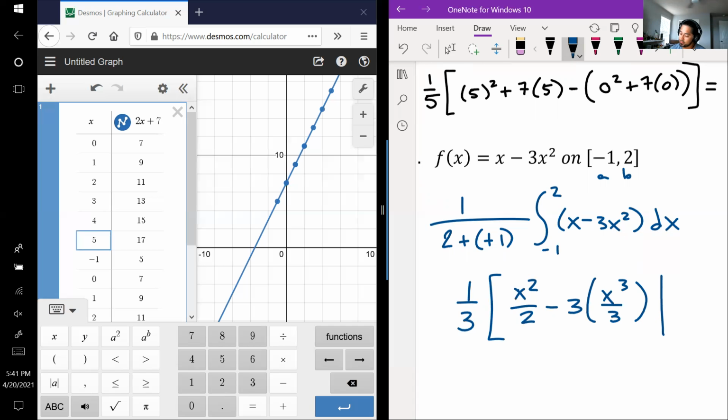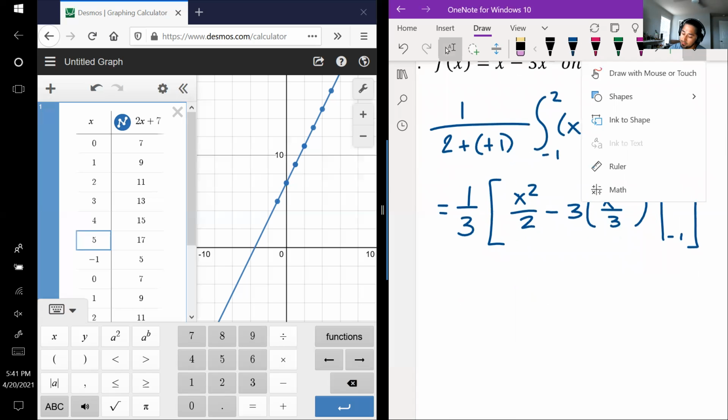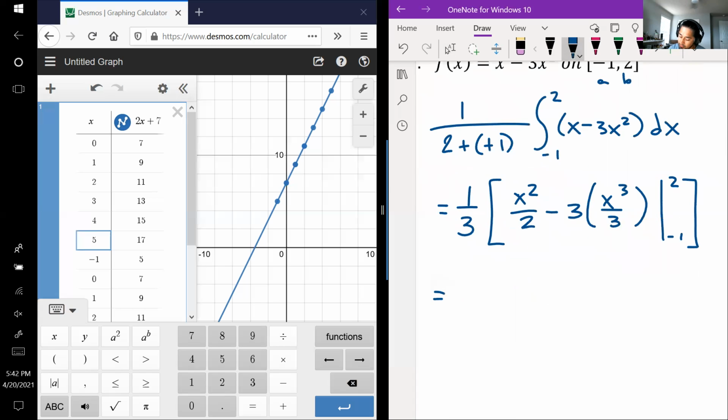You evaluate this from -1 to 2. And let's just go ahead and make this look pretty on one more step, and then we'll use Desmos. 1/3 times 1/2 x squared. On this one, your 3's will cancel. So you'll just be left with -x cubed from -1 to 2.